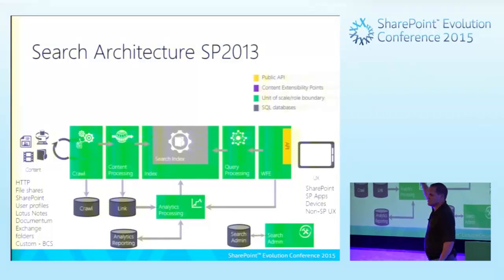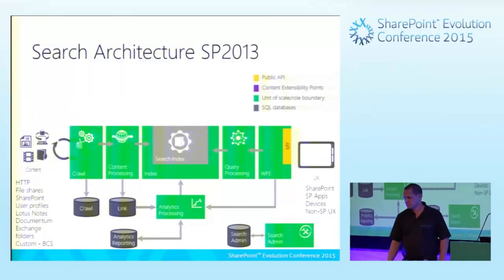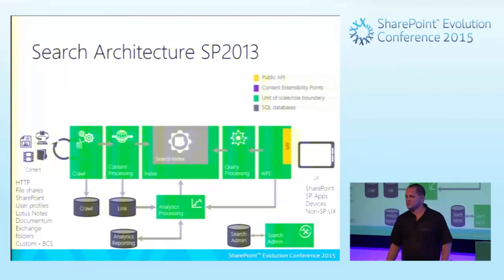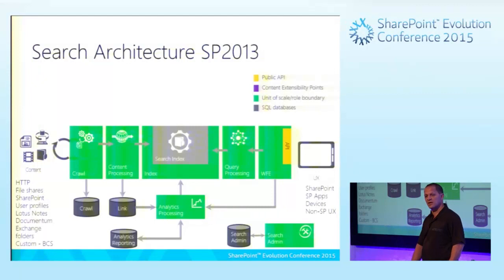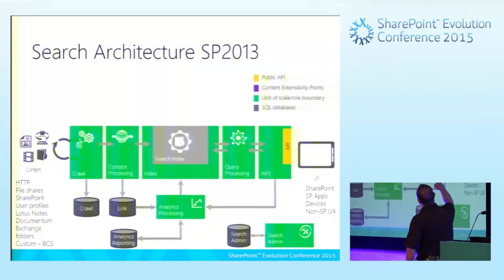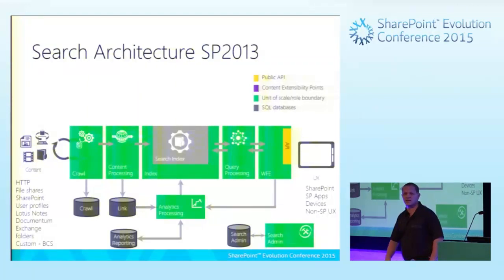The query processing is then going to go to the index to fetch it. So it's not like FAST used to do where it made a copy of the index for the query component to use. It isn't doing that. It's physically going to the index component, making a query against it, and bringing back the results to query processing, which will then take it back to the web front end, and then obviously to the end user.